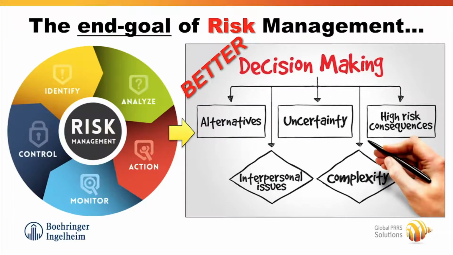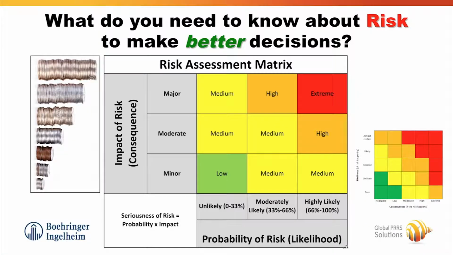When you boil it all down, the end goal of effective risk management isn't just helping us make decisions, it's does it help us make better decisions? So what do we need to know about risk to make better decisions? Something that's fairly straightforward to know is the impact of the risk.